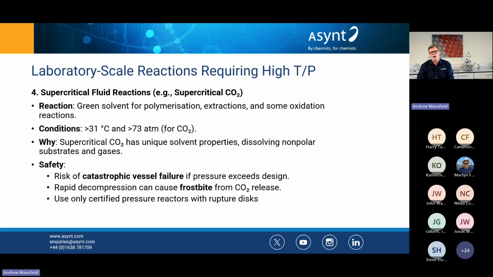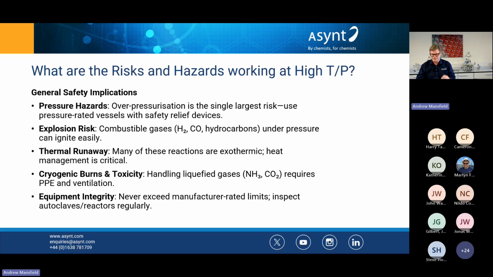So that's a few examples of reactions where we might want to use elevated temperatures and pressures. They all have associated hazards, and they're all quite common. So if we just recap on some of those, what are those hazards? The general hazard for these types of reactions is overpressurization. That's the single largest risk.